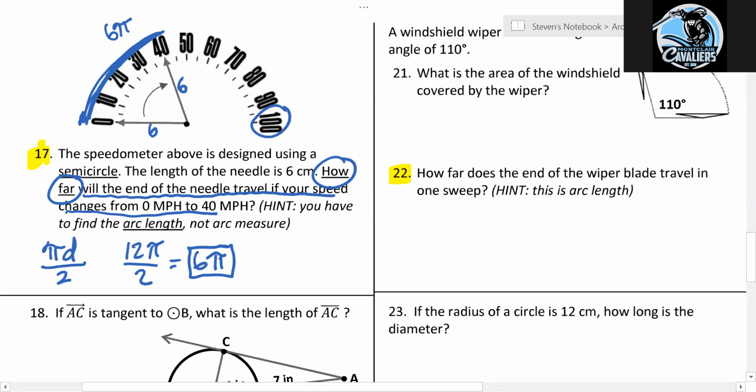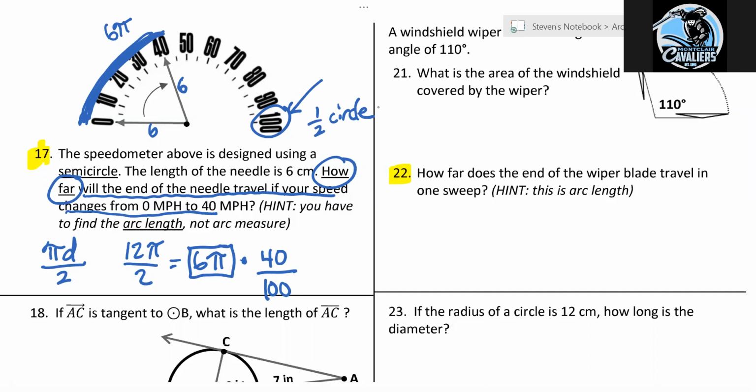So I'm going to take my circumference of half of the circle, which is 6 pi, and multiply it by 40 out of 100. Why 40 out of 100? Because I only went from 0 to 40 miles per hour, and 100 miles per hour is exactly half of the circle. So that's the portion that I'm going to multiply by. I'm hoping that makes sense for you. So I'm going to take 6 times pi, multiply it by 40, and divide it by 100.